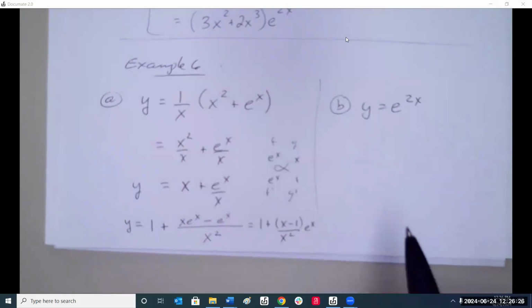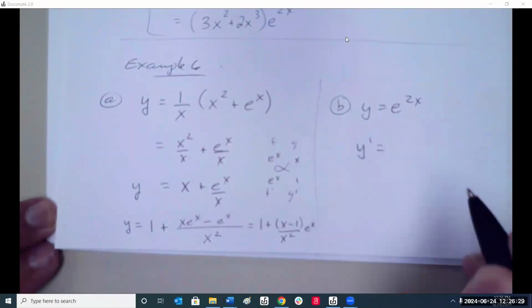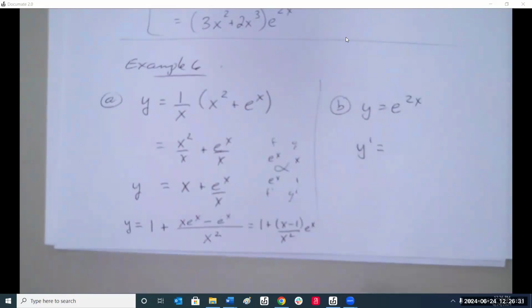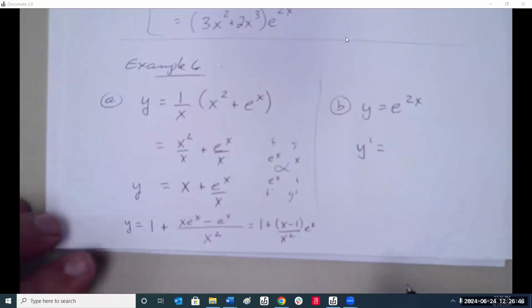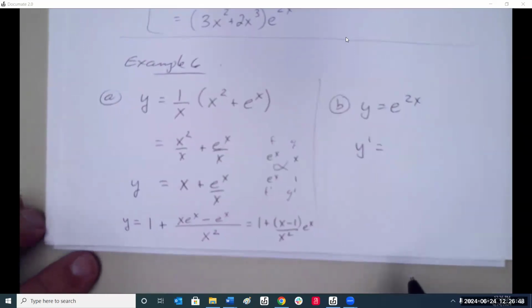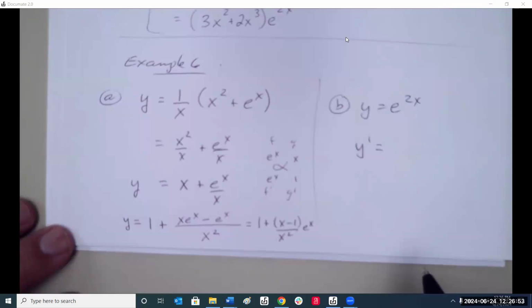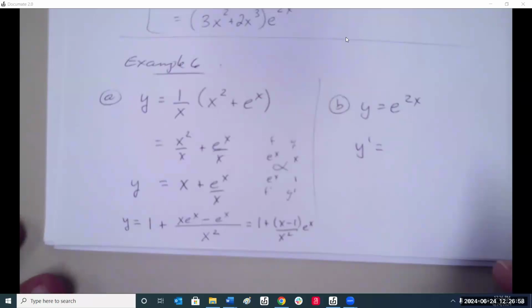The derivative of the next one. What's the derivative of e to the power 2x? 2e to the power of 2x.